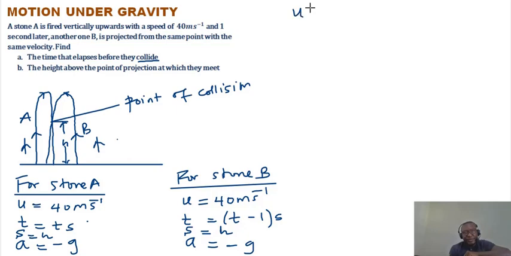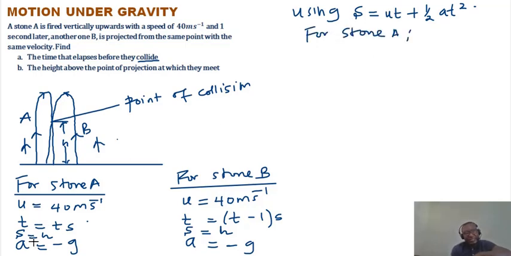Now using the displacement is equal to ut plus a half at squared, we are going to consider the respective stones. So for stone A, displacement is h. This is equal to u is 40, t, we need to find the t, minus a half times 9.8.